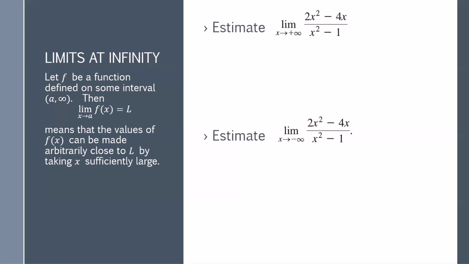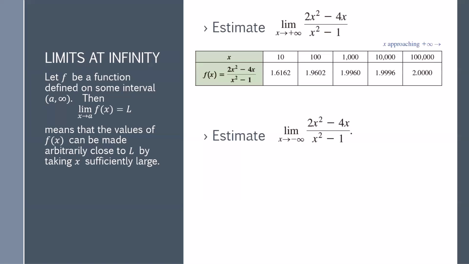So if we want to estimate the limit as x approaches infinity of 2x squared minus 4x over x squared minus 1, we can go ahead and make a table of values again. As x approaches +infinity, we might start from x equals 10, and then go to 100, then 1,000, then 10,000, and so on.